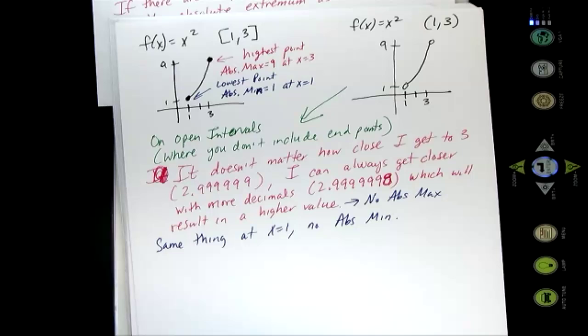We want to include 1 and 3, but they're not in the domain, so we can't actually evaluate at those points.